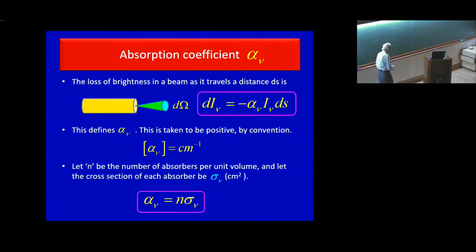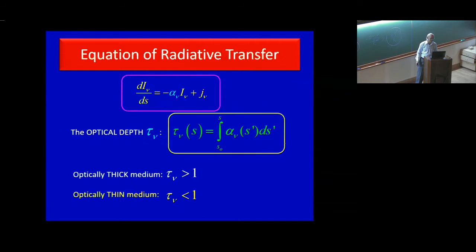So now we have dealt with all the important definitions. We have dealt with the absorption coefficient, we have dealt with the emission coefficient, and we have defined the specific intensity. Now we write the fundamental equation of radiative transfer, which is given by the first equation over there. You can either take the ds from the denominator to the right-hand side, which is where it was; I've just brought it to the left-hand side.